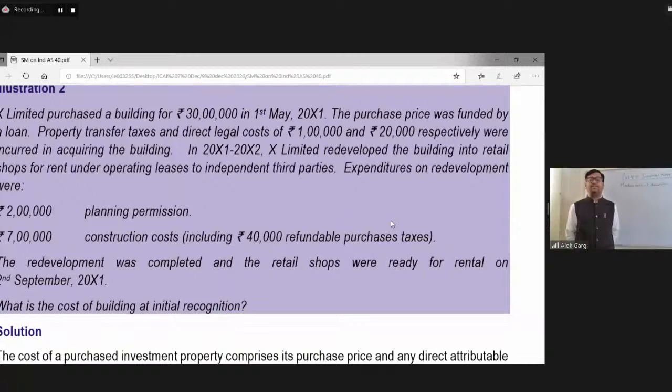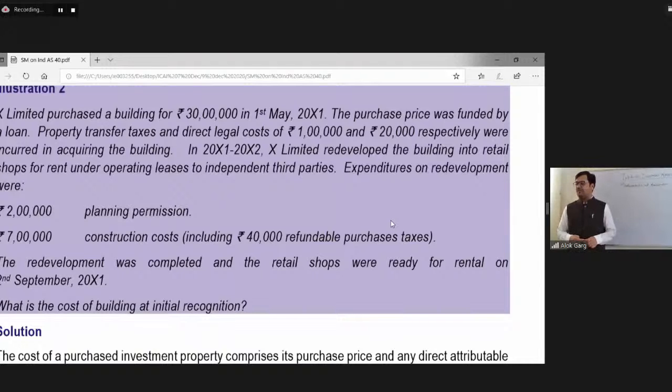The redevelopment was completed and the retail shops were ready for rental on 2nd September 2001. So now this investment property was available for use on 2nd September 2001. What is the cost of the building at initial recognition? Tell me quickly, please tell me fast.